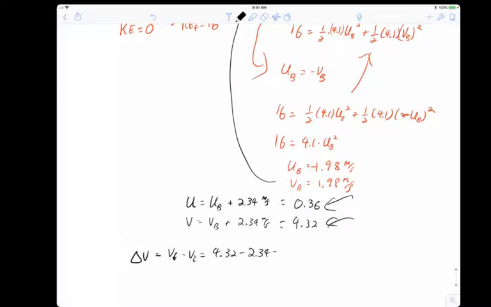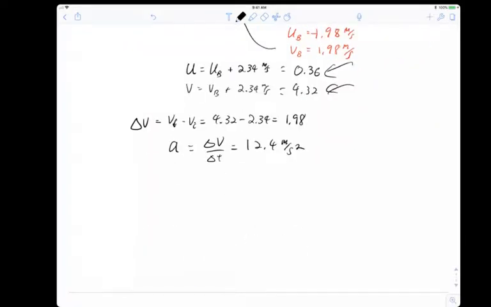So delta V is 1.98. And the average acceleration is delta V over delta T, so we divide that by delta T. 12.4 meters per second squared. Isn't that fun? Yes, it's fun.